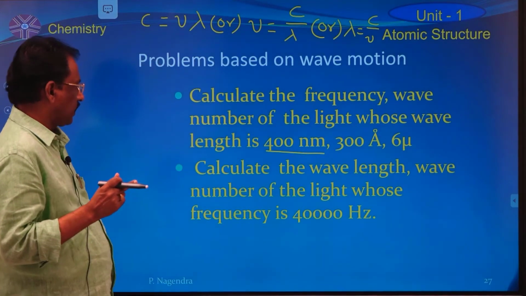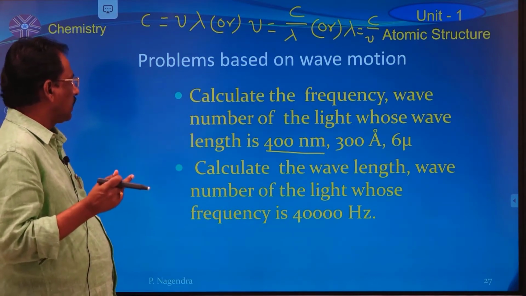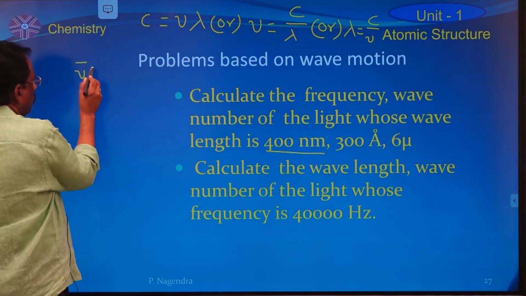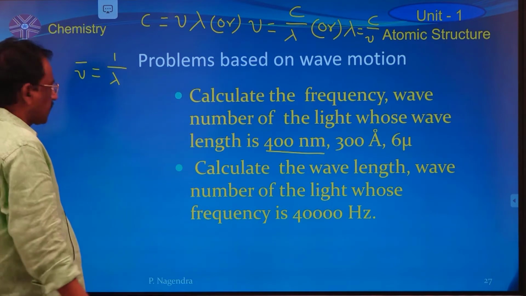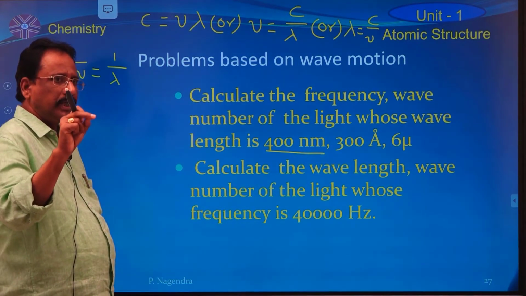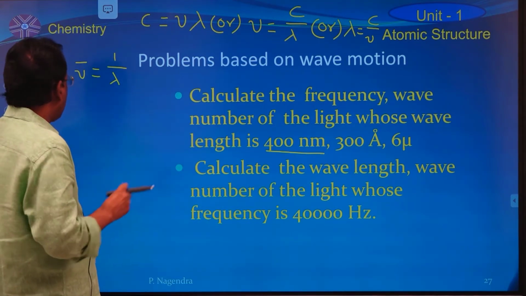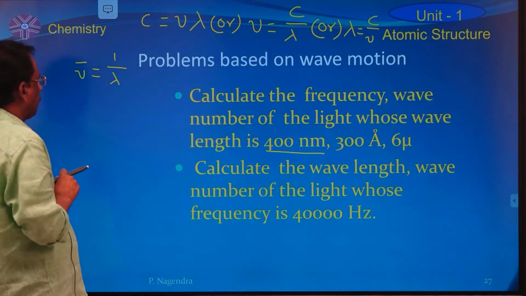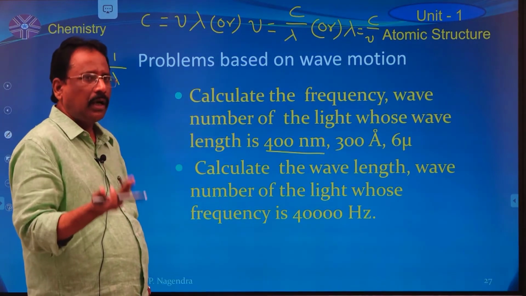The other formula in this topic: the reciprocal of the wavelength is known as wave number. Wave number means the number of wavelengths per unit length. The formula used to calculate it for any type of electromagnetic radiation is nu bar equal to 1 by lambda, in centimeter or meter.